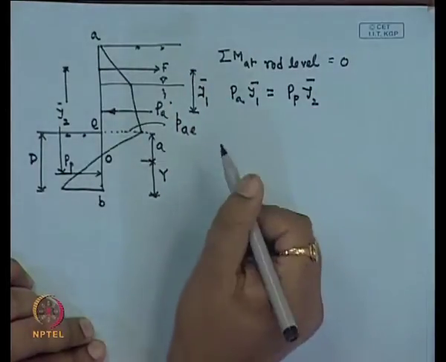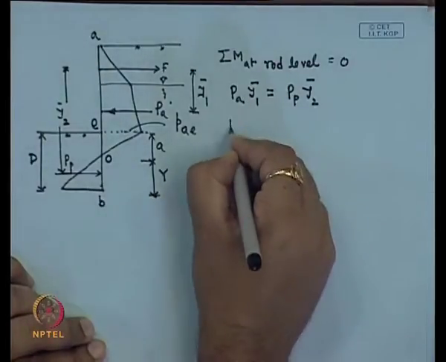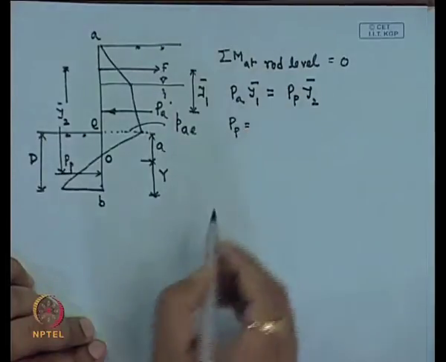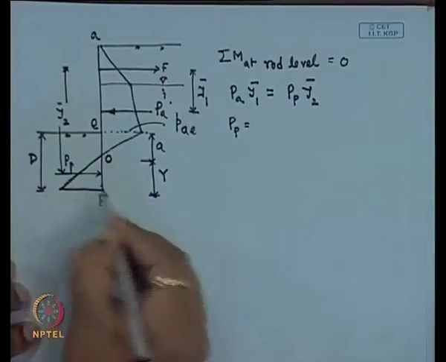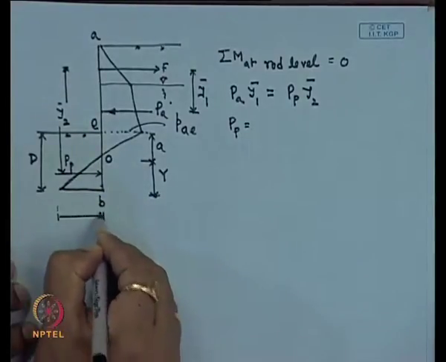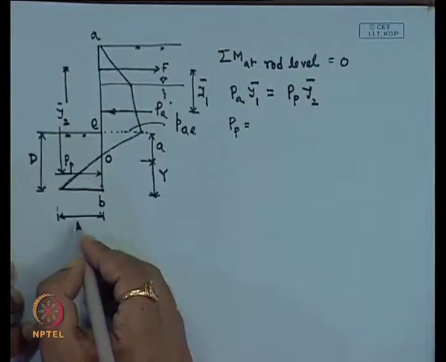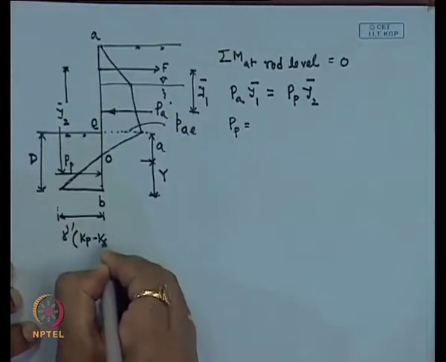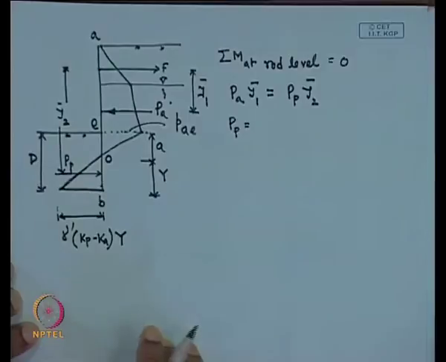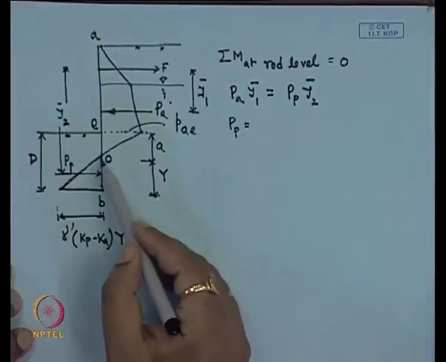Now, how will we calculate this P A or P P? P P we can calculate because this value is given by this expression: gamma dash into K P minus K A into capital Y, because these things were already discussed during the cantilever retaining wall calculation.